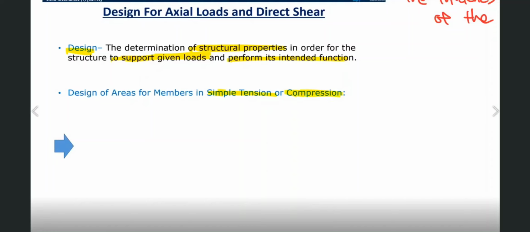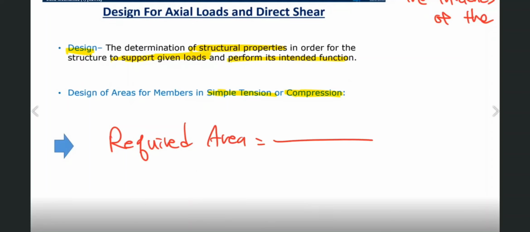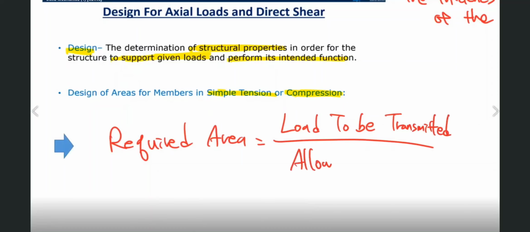So the required area, in this case, can be identified as the load to be transmitted over the allowable stress.